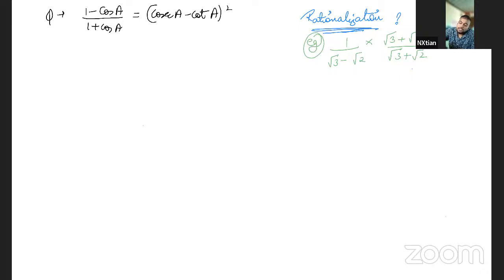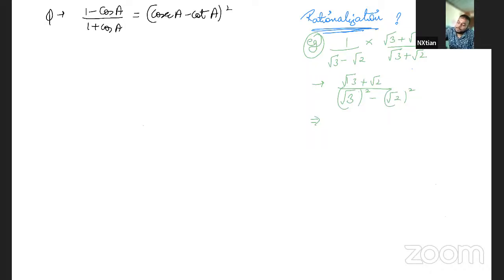Okay, so that it can be in the form of root 3 plus root 2 upon root 3 square minus root 2 square.